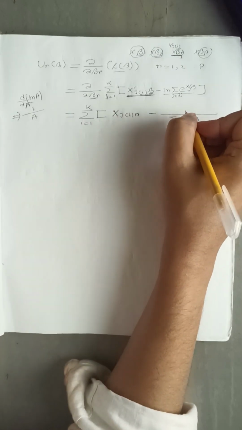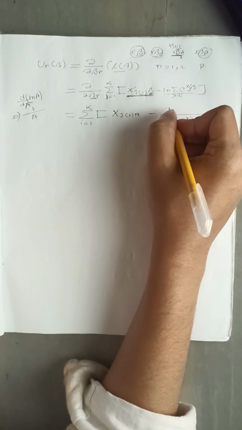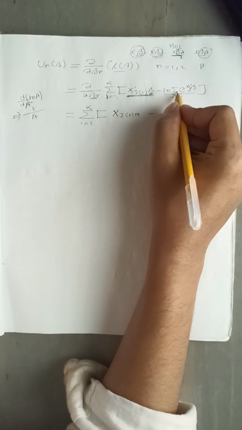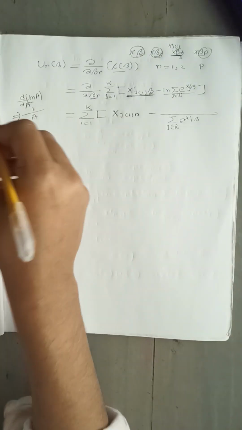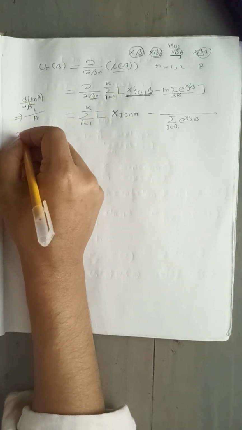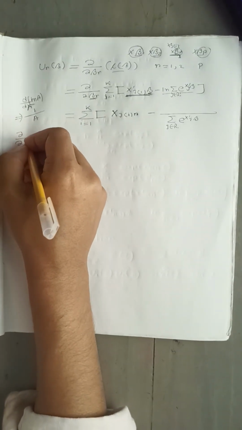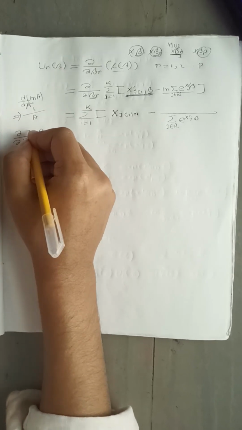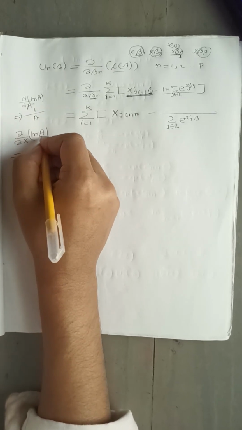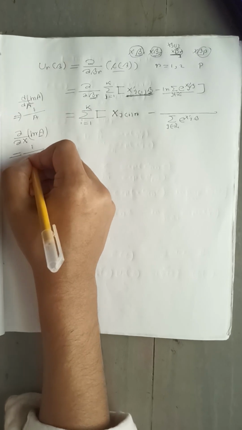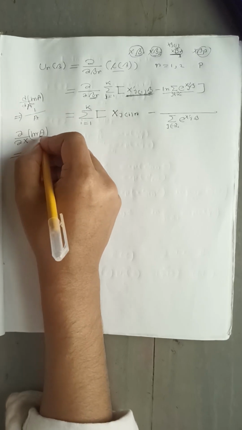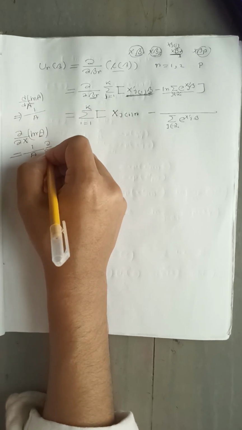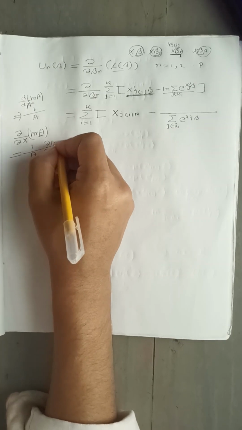And the numerator, so suppose now d by dx of ln a. First you guess this as x, then you will have 1 by a, but this is not x, this is a, so then you have to derive this thing with a again.